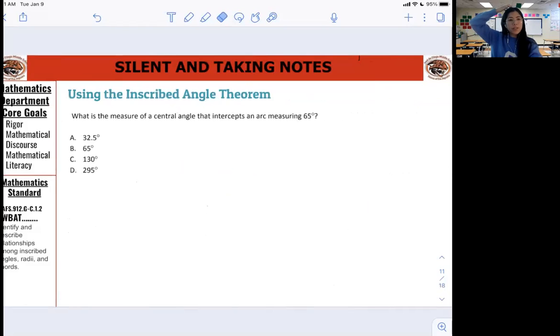Here's one without pictures, so let's read it carefully. What is the measure of a central angle that intercepts an arc measuring 65 degrees? Easy, right?